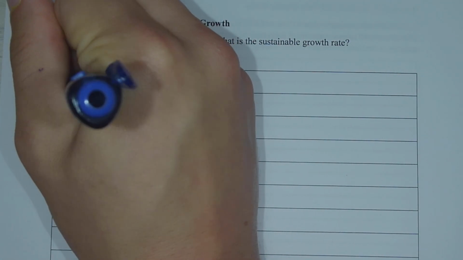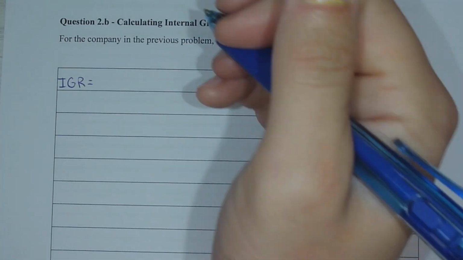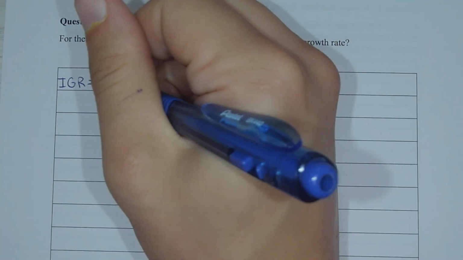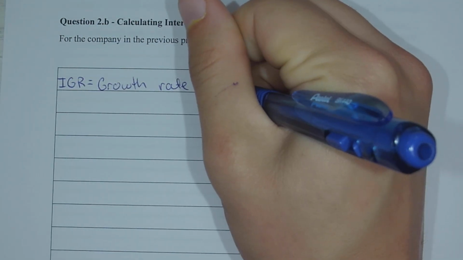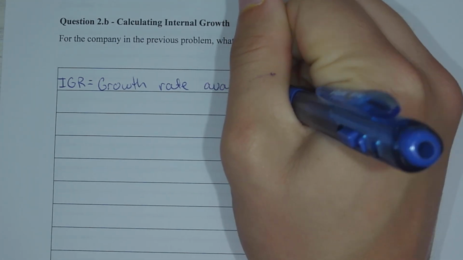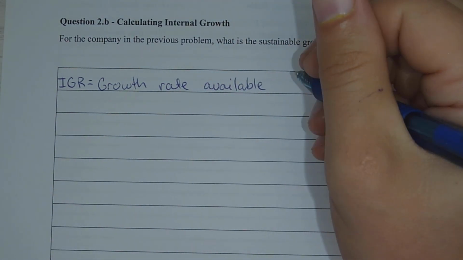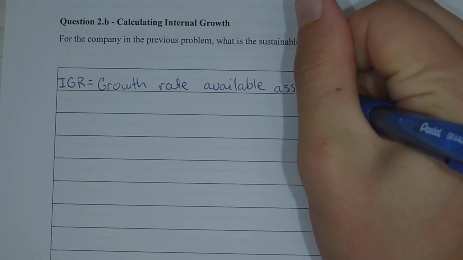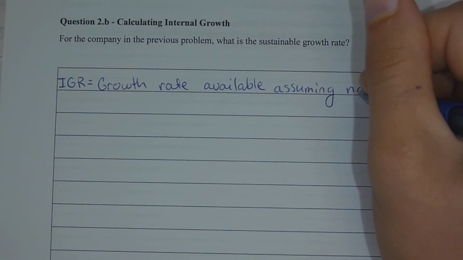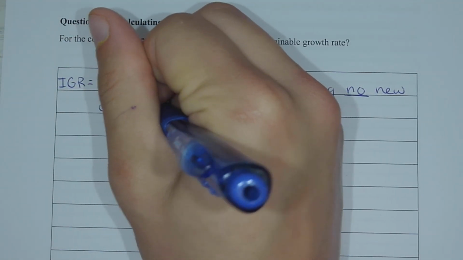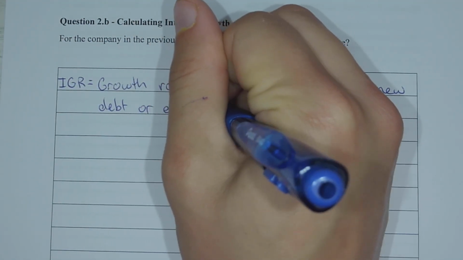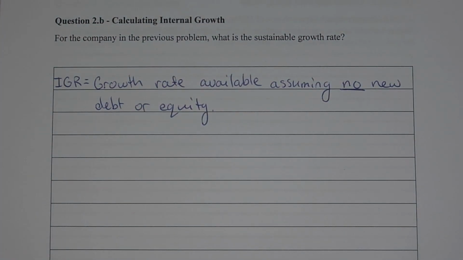Internal growth rate is the amount a company can grow, so the growth rate available assuming no new debt or equity. In layman's terms, it means that the company is not going to issue shares to pay for something, and they're not going to get a bank loan to pay for something.